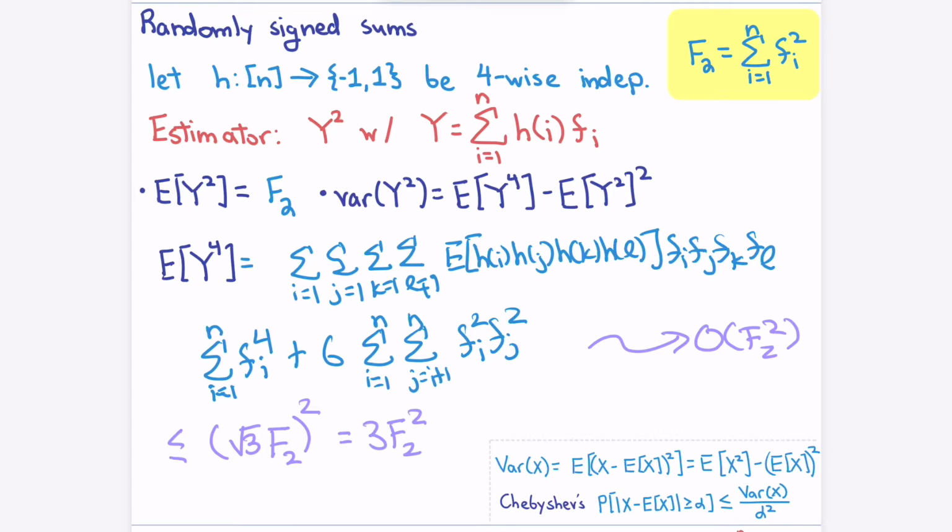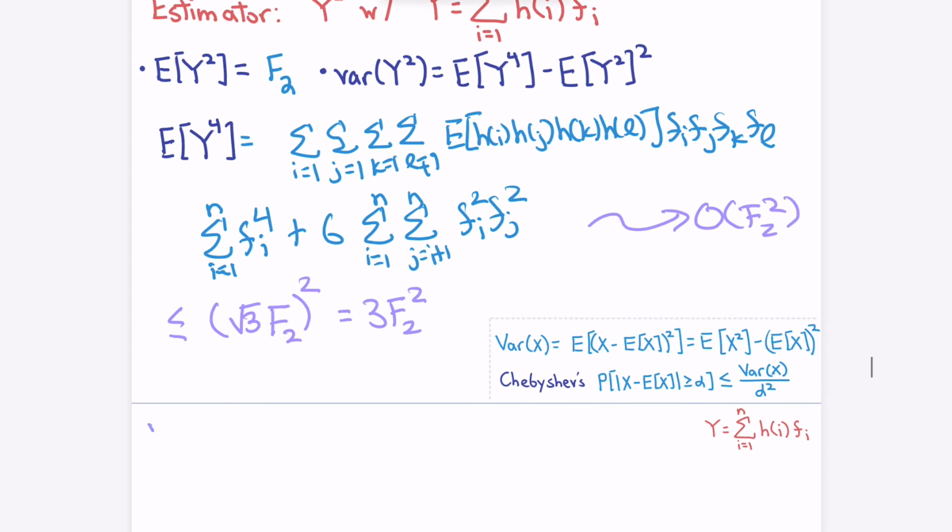All right, sounds good. Now let's finally compute our variance. Variance of y2 is the expected value of y to the 4th, minus the expected value of y squared, squared. Okay, and what do we get?